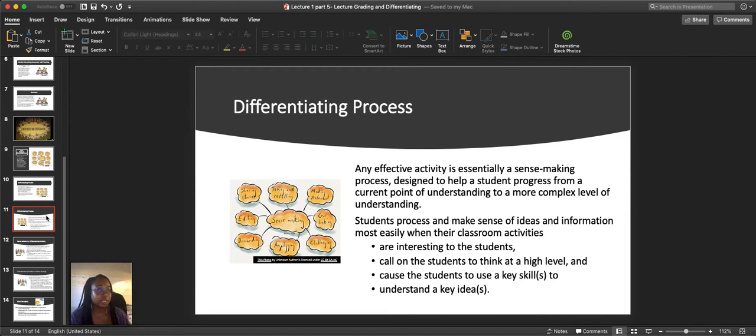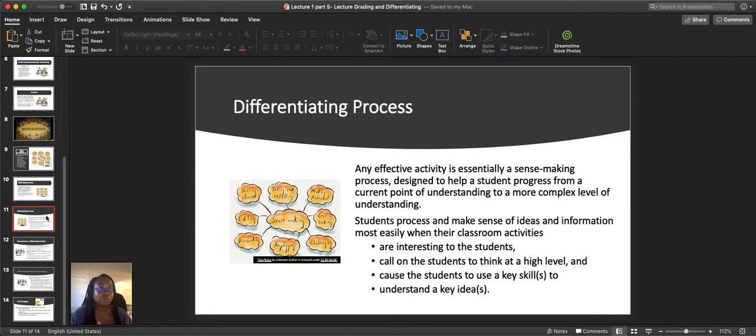Students process and make sense of ideas and information most easily when their classroom activities are interesting to them, call on students to think at a high level, and cause the students to use key skills to understand key ideas. So it's a variety, a range. It's not just one skill, it's essential skills that then connect to elements of understanding that then integrate into their interests and make them think at a higher level.